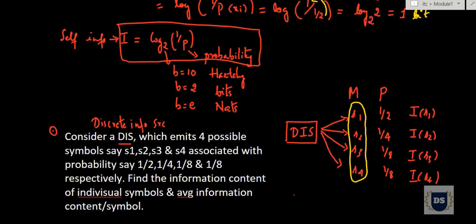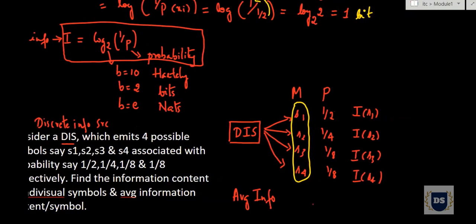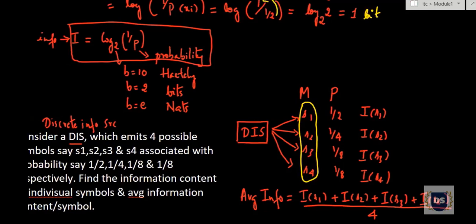Average information is obtained by adding all four values, I of S1 plus I of S2 plus I of S3 plus I of S4, and dividing the entire summation by 4.